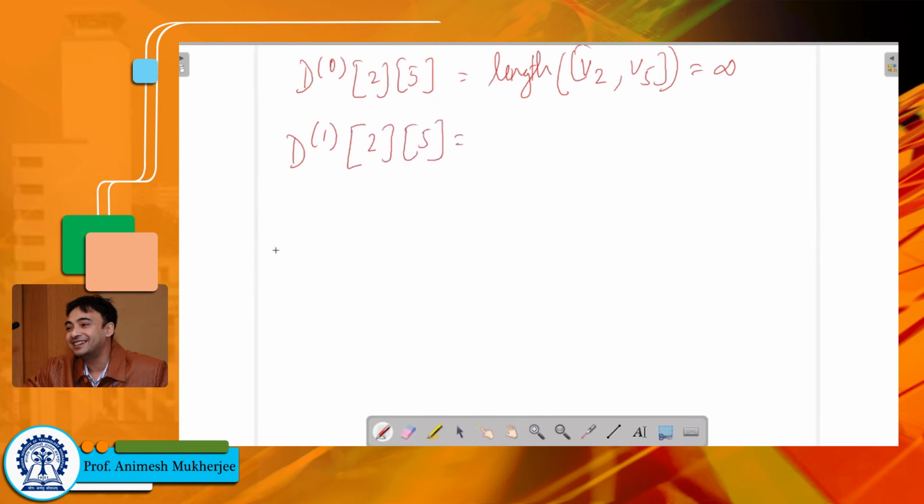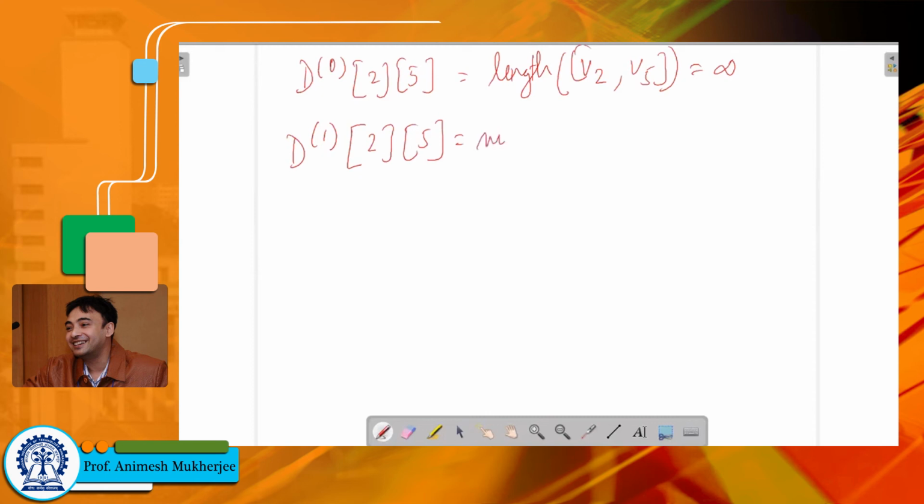Okay, so you want to find out a shortest path from 2 to 5 where the intermediate vertex can be only V1.